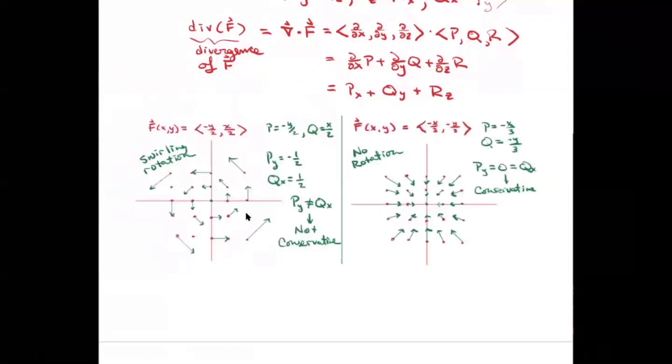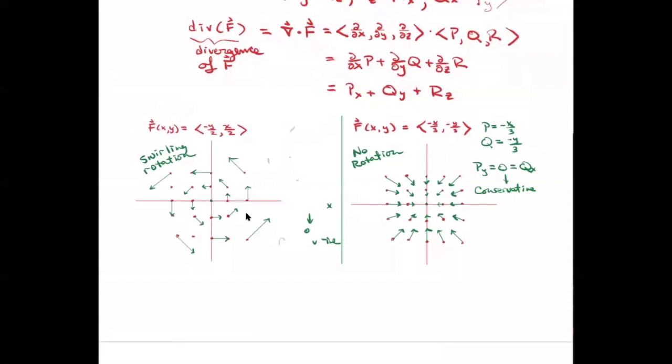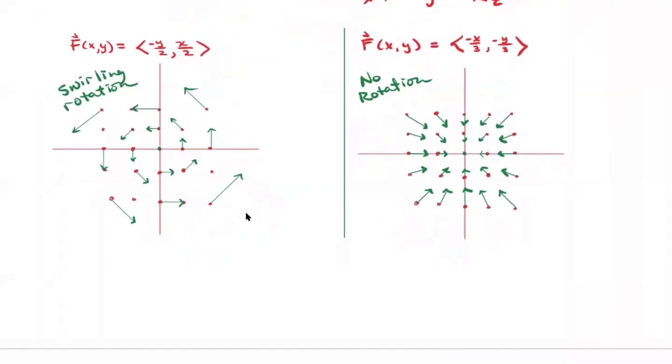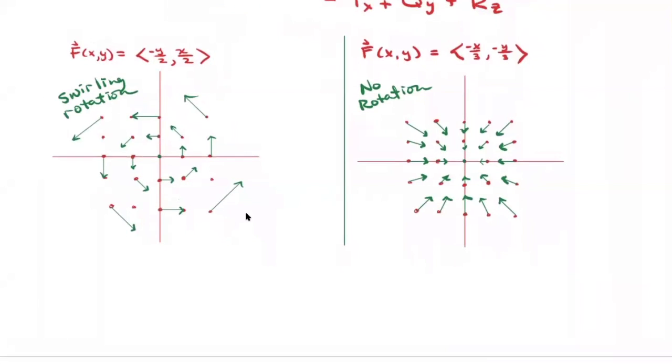But if you could do quick sketches of the fields and the definitions of the fields. I'm going to erase anything in here that's green. Actually, I like the word swirling rotation. That's good. Okay, those two guys. And what I want to do is look at the curl and the divergence of each of those fields.